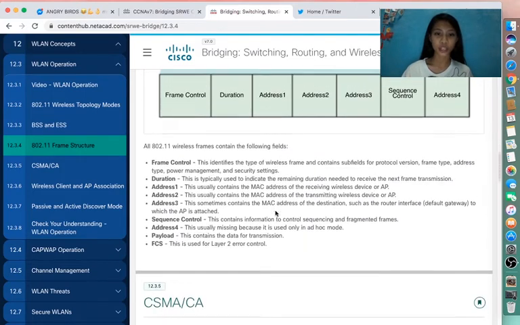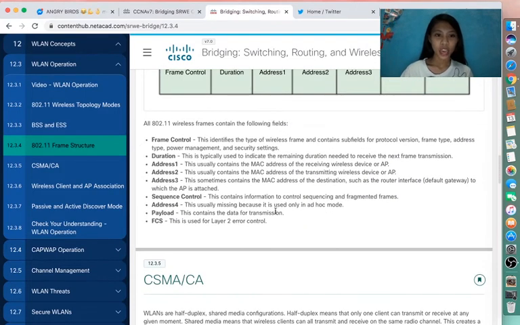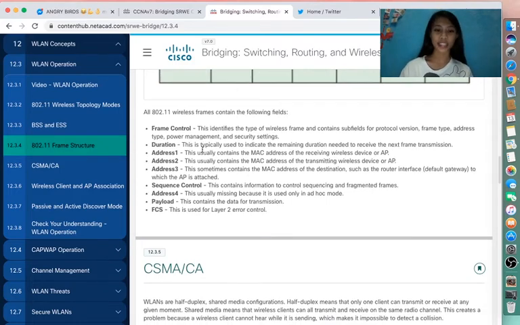For our frame structure, all 802.11 wireless frames contain the following fields: frame control, duration, address 1 to 3, sequence control, address 4, payload, and FCS.